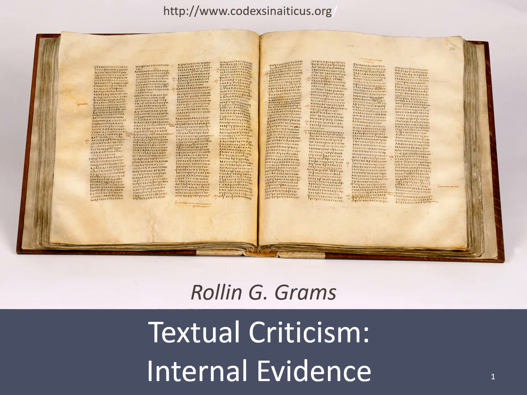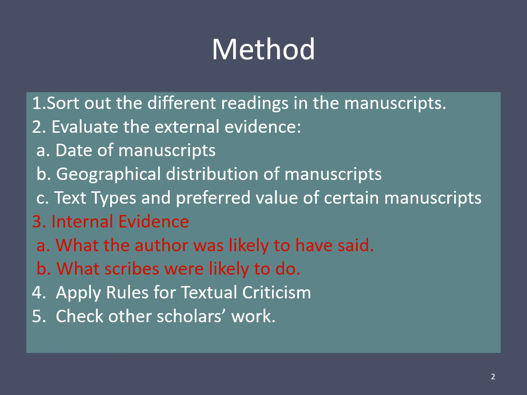In this lecture, we turn to look at the internal evidence part of the methodology for textual criticism. The eclectic method in textual criticism says that we should weigh each text critical problem on its own rather than have a general principle, for example, of following every reading that a certain manuscript favors or even a certain manuscript type favors.